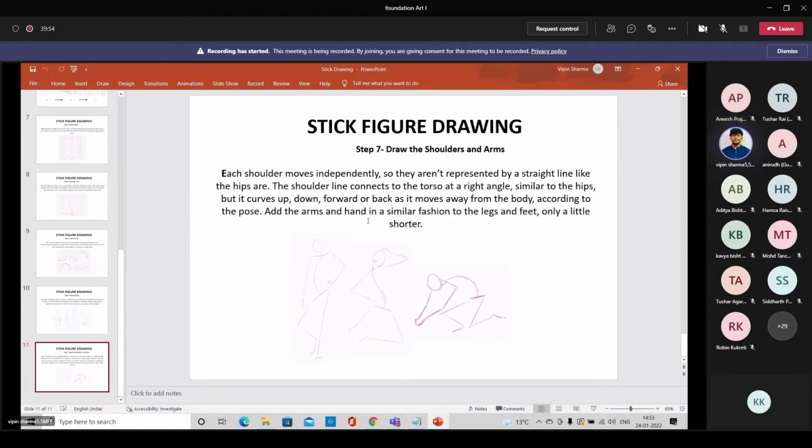The arms and hands work in a similar fashion to the legs and feet, only a little shorter, right? So the format, if we talk about the legs and hands, is similar in function. But the difference is the height or length. The length of the hand is a little bit shorter than the legs. So the posing should be very much similar.